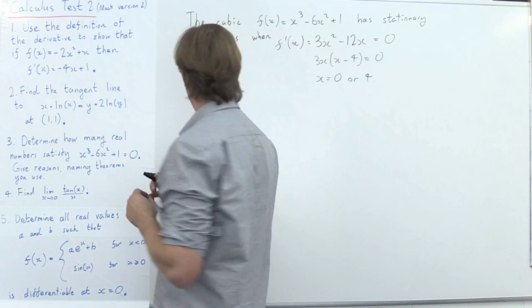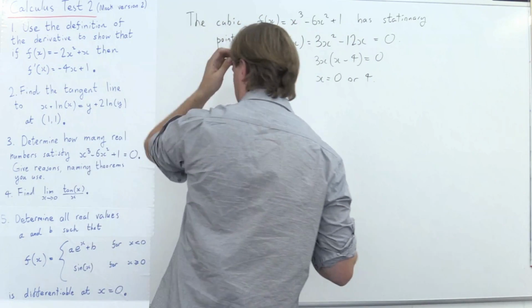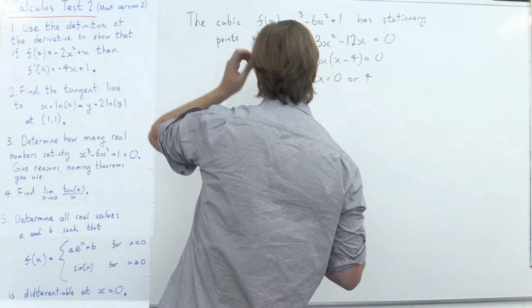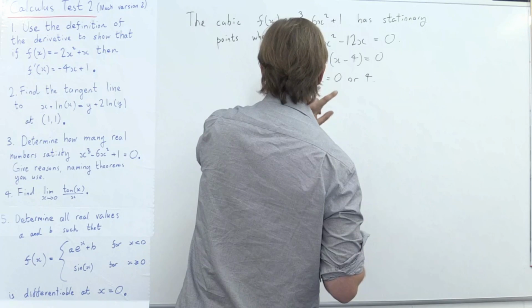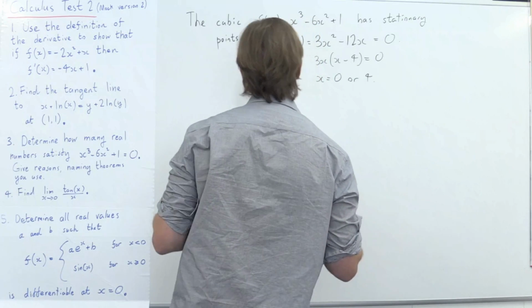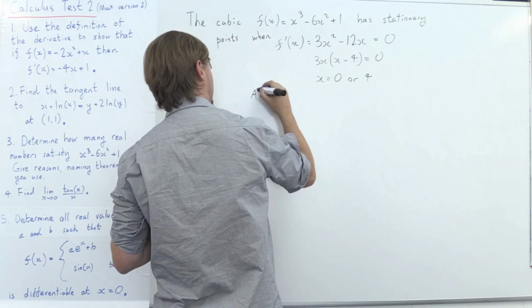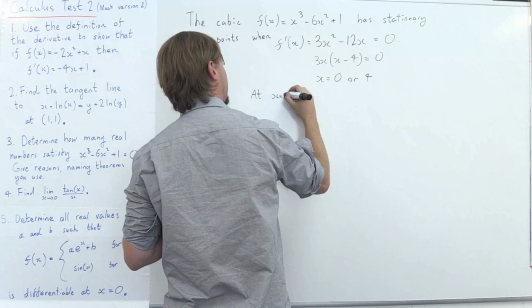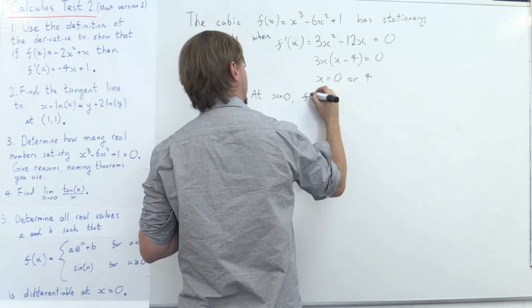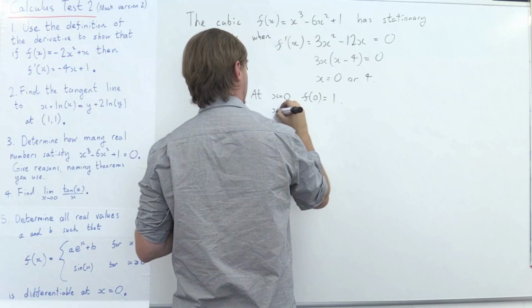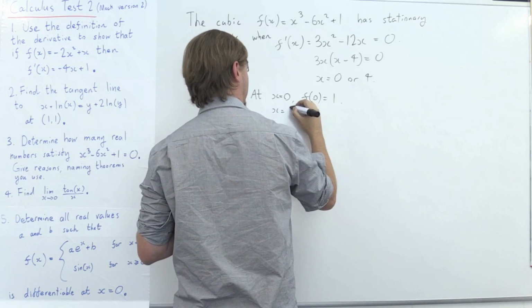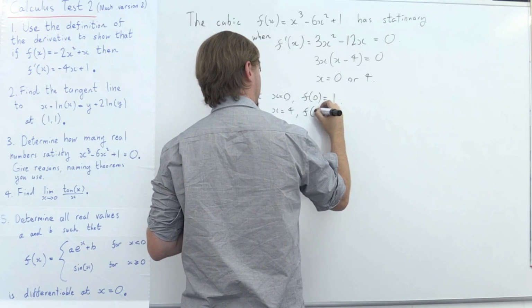So that's helpful information because I have a cubic, I know its stationary points. Now, if I knew the function value at the stationary points, I'd have a much better idea of what's going on. Let's just check at x equals 0. Well, f(0) is just 1. At x equals 4, look at the function value.